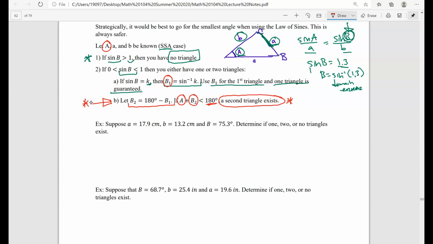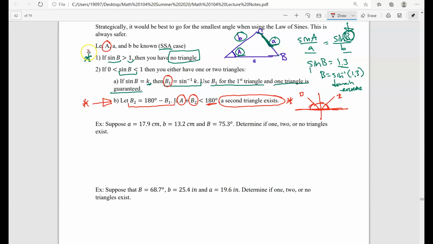The reason we're doing this is because remember that sine is positive in both quadrant 1 and quadrant 2. So let's say this is the angle; if there's another angle that exists that's obtuse, then all we have to do is subtract it from 180 to figure out what that angle may be. That's the whole purpose of it.